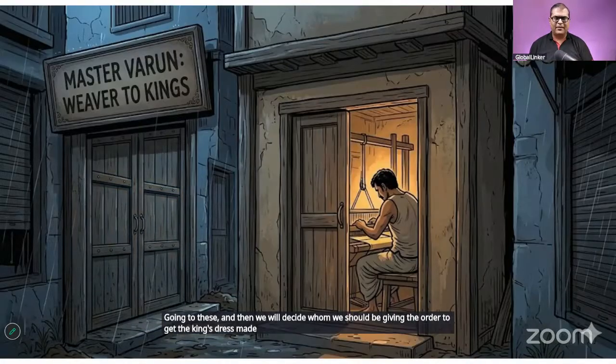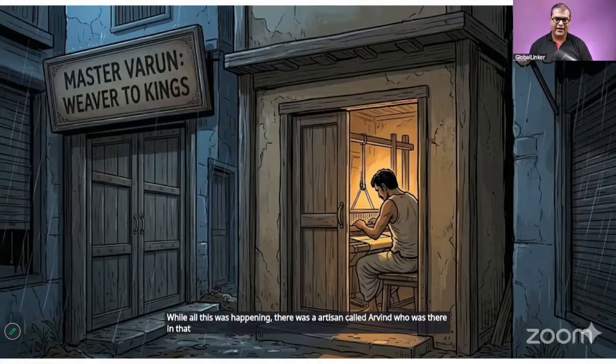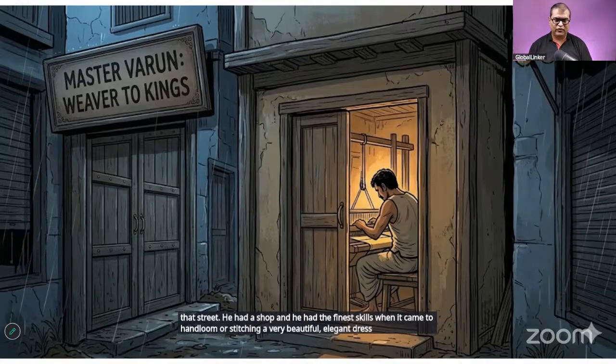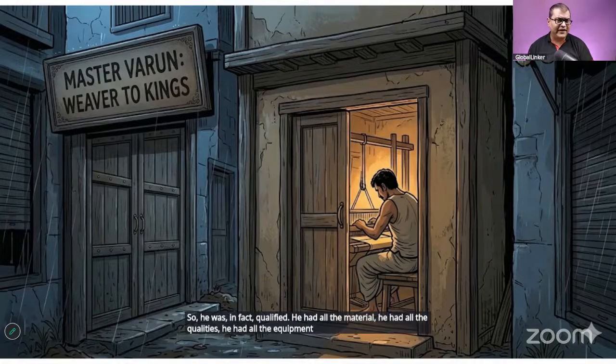While all this was happening, there was an artisan called Arvind who was there in that street. He had a shop, and he had the finest skills when it came to handloom or stitching a very beautiful, elegant dress. So he was, in fact, qualified. He had all the material, all the qualities, all the equipment, everything.